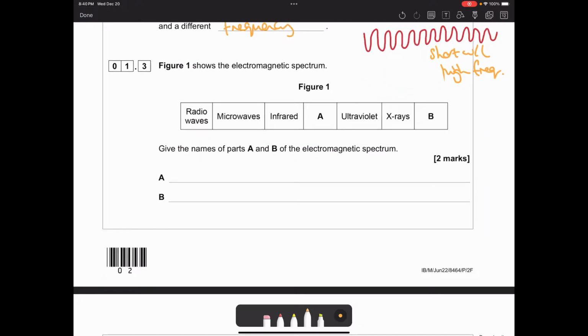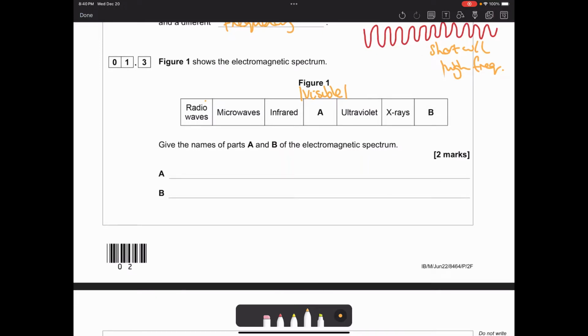Right, figure 1 shows the electromagnetic spectrum. Give the names of parts A and B of the electromagnetic spectrum. So this is just knowing your order of them. So it goes radio, micro, infrared, and then between infrared and ultraviolet, you've got to know it's the visible part of the spectrum, what we actually see, then ultraviolet, X-rays, and then the highest frequency type of wave is your gamma rays.